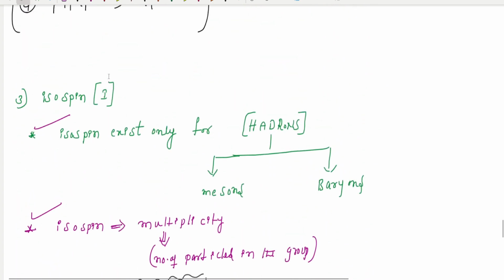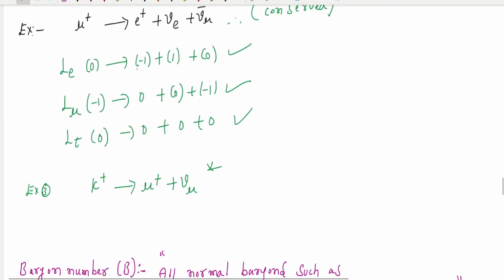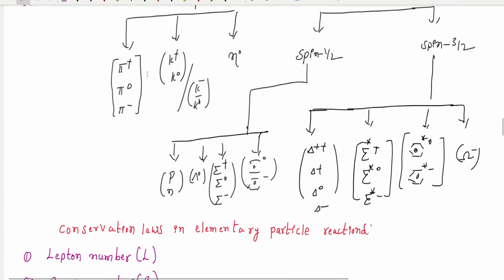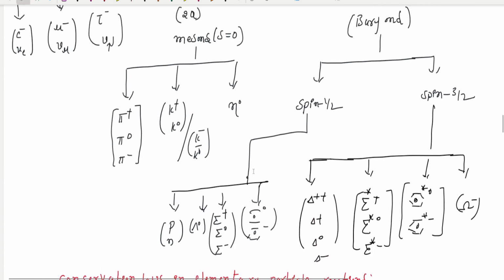Next. And in mesons, only pi mesons are there, a group of particles. So see here the mesons, you just want to remember. Isospins are there.